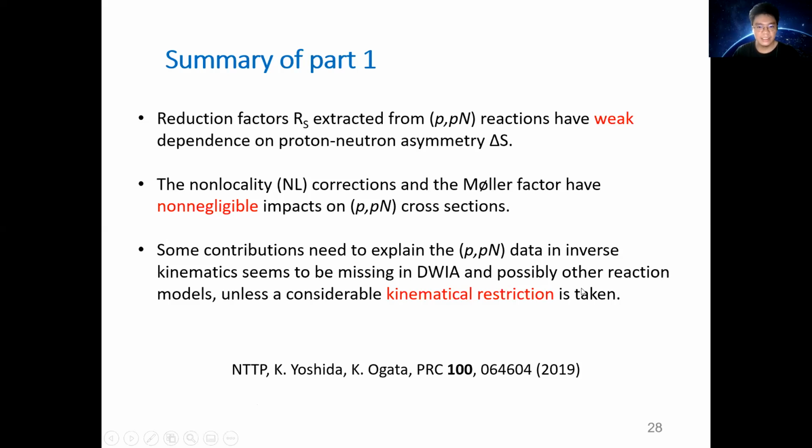And last but not least, we think it is very important to pay more attention and do more study on higher-order contribution effects in inverse kinematics, when you don't have any kinematical restriction in the experiments. This one was published last year in PRC.